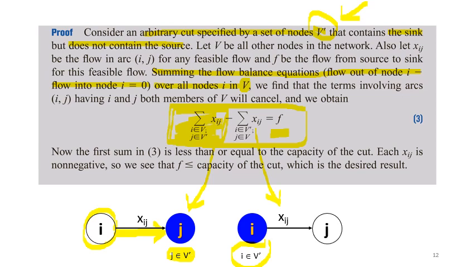The capacity of the cut minus something, where xij is the flow from node i to j, and because this value cannot be negative, the capacity of the cut minus something positive equals the flow. It means that the flow at any time cannot be larger than the capacity of the cut, right? So there's no way that the flow can be greater than the capacity of the cut.